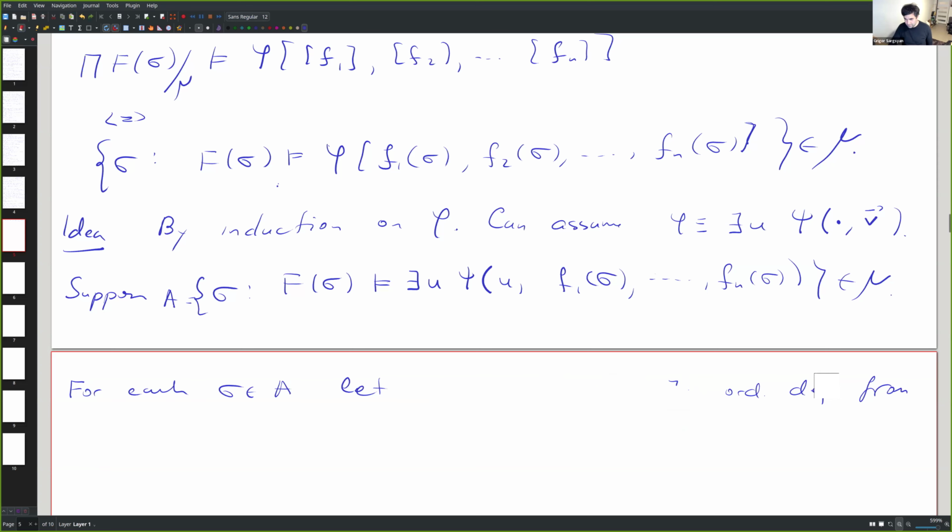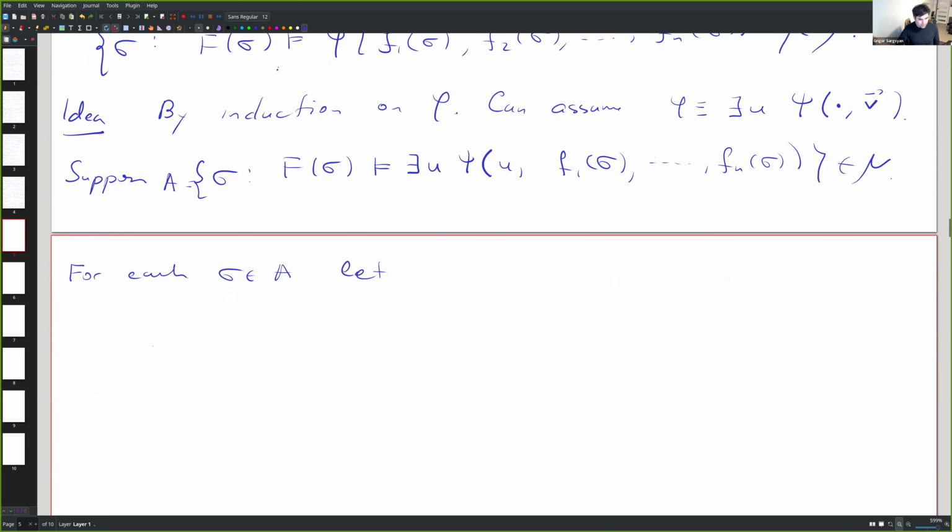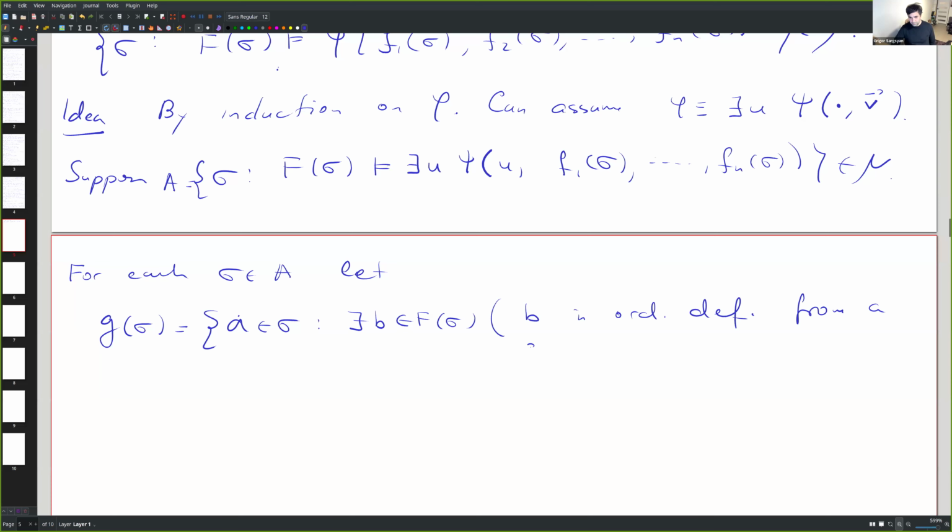Let me just write this here. Let g sigma be the set of a in sigma such that there exists a b in f sigma such that b is ordinal definable from a and sigma, and f of sigma satisfies psi of b and the f vector at sigma, right?